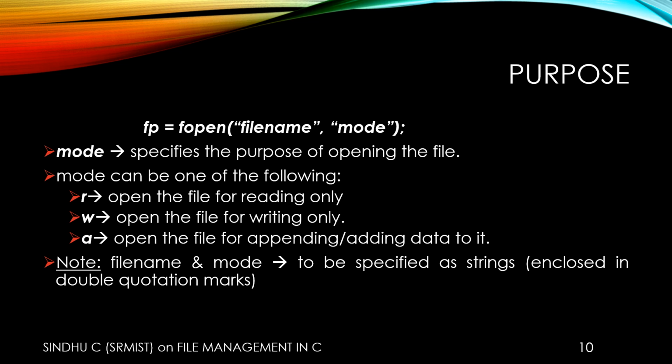The mode can be one of three: r, w or a. r is opening the file for reading only, which is read mode. w is opening the file for writing only. a is for opening the file for appending, or adding data to already existing content. Now you should note that file name and mode are to be specified as strings, which are enclosed in double quotation marks.